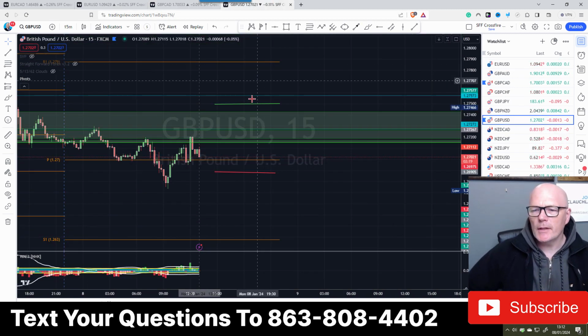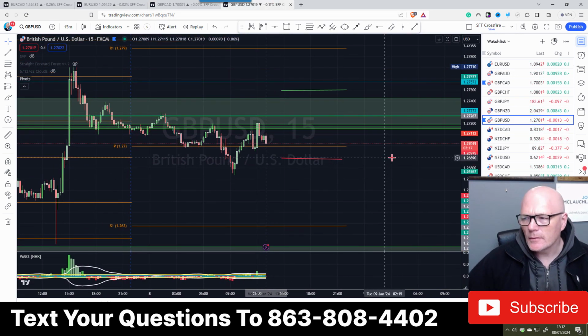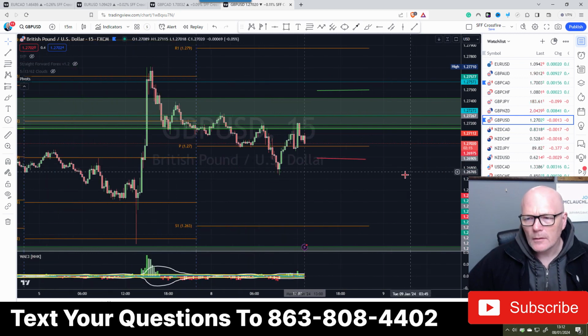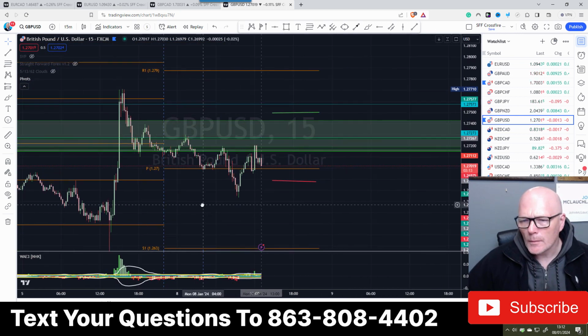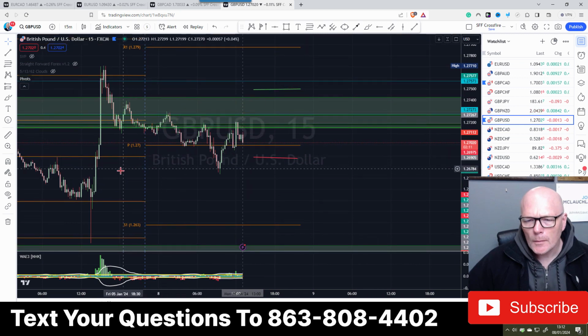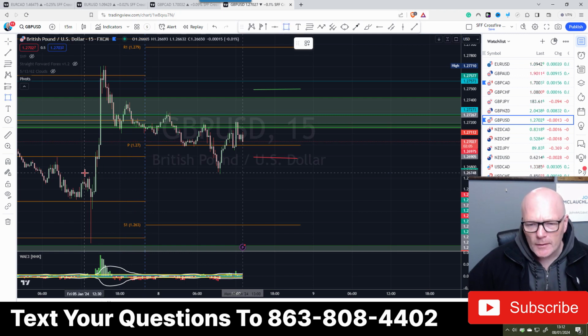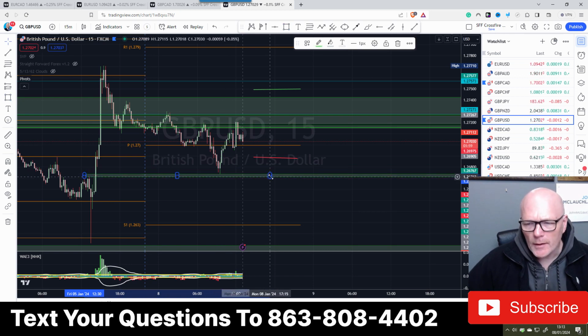So GBP USD, let's have a look at that. I have a touch of it, just a tiny bit of imbalance that's not quite been taken out. So there to there.